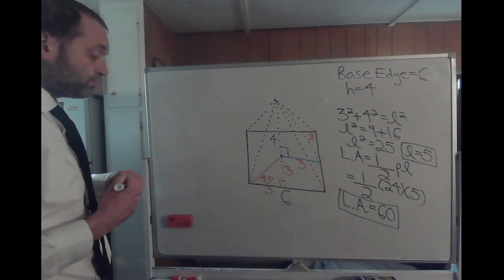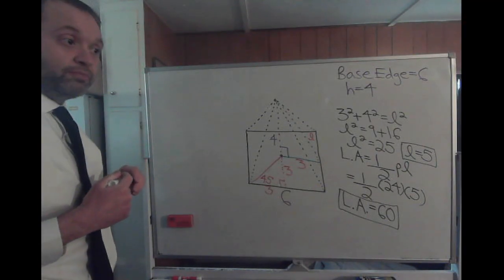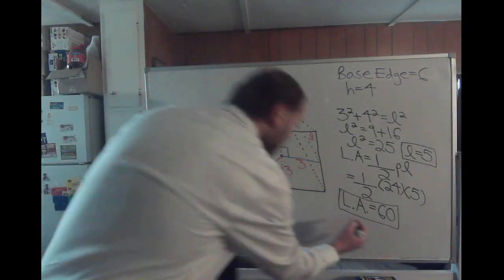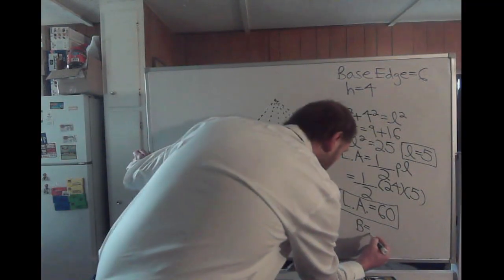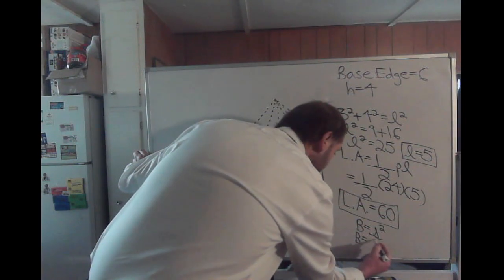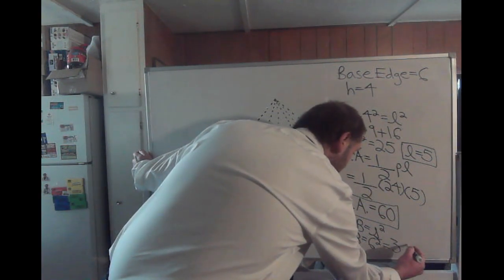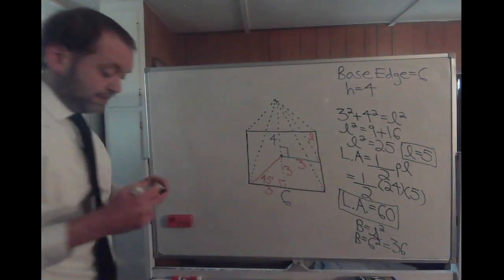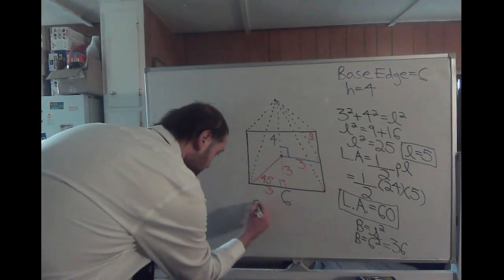Now, I can go for the surface area, but first I need to know the area of the base. What is the area of the base, being a square? The area of the base, of course, is just a side to the second power, which would equal 6 to the second power, which means the area of the base is 36 square units, since it's a square. Now I can find the surface area.